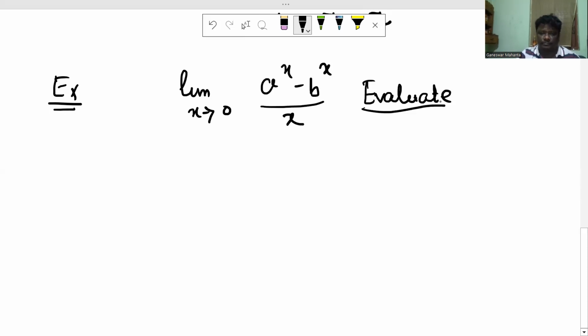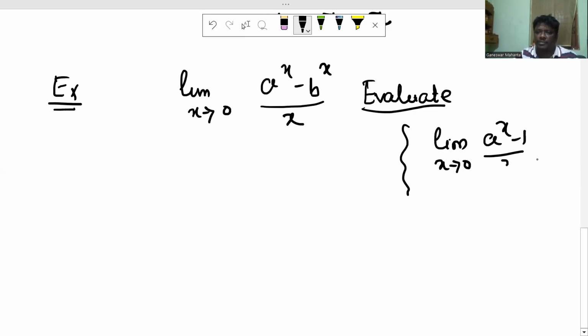Evaluate this result. So what is the value here? Just remember the formula already given. Limit x tends to 0, a to the power x minus 1 by x, that is equal to log a. For this concept, we can put it here.